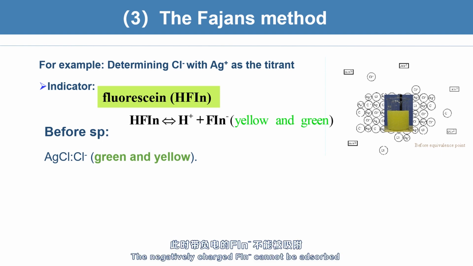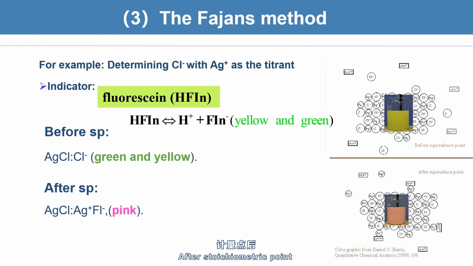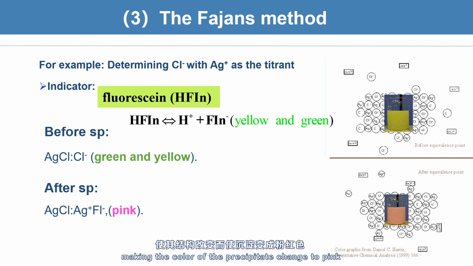The negatively charged anion cannot be adsorbed and makes the solution exhibit its yellow-green color. After stoichiometric point, the silver chloride precipitate adsorbs the excessive silver to form this complex, which will strongly adsorb the negatively charged anion, making the color of the precipitate change to pink.